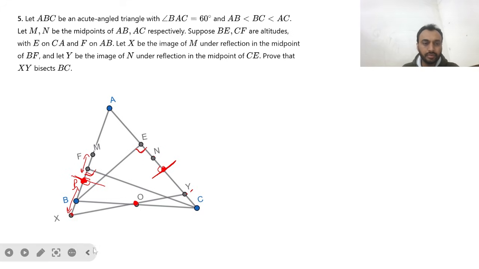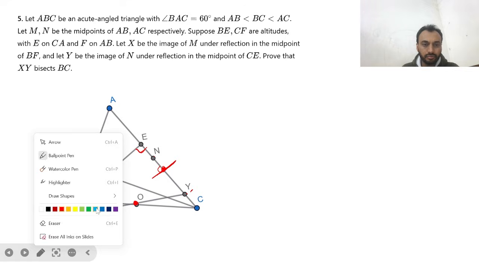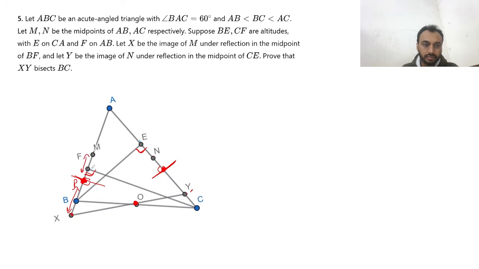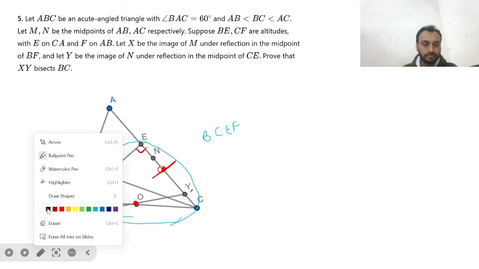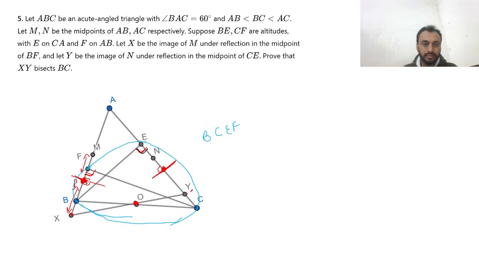altitudes, so we can draw a circle also, right? We can say that E and this point F lie on a circle. I hope all of you know that BCEF lies on a circle because they have an angle of 90 degrees.